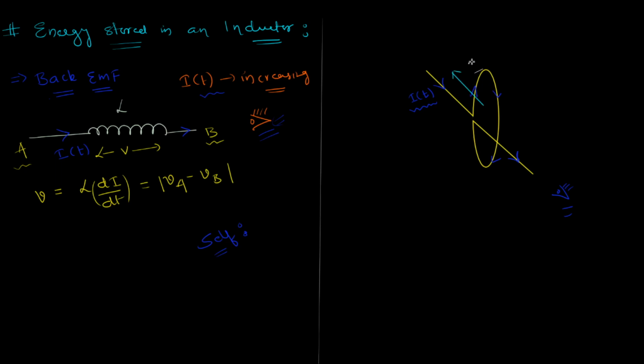That is what I've been calling in my previous videos the original magnetic field. Now that you have found the direction of the original magnetic field, the next thing is to identify whether the magnetic flux is increasing or decreasing.